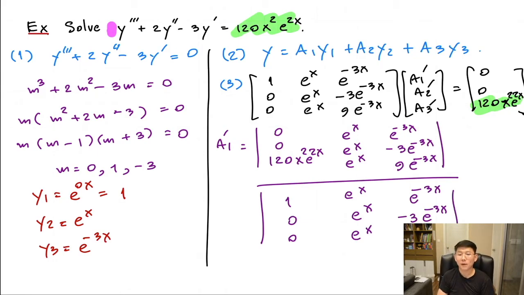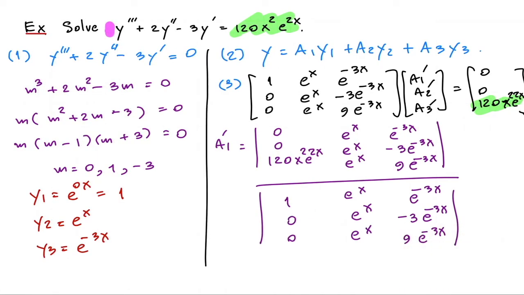Then you compute the two determinants. Here, as you know, this one is 0, this one is not 0. Let's compute each of them separately.